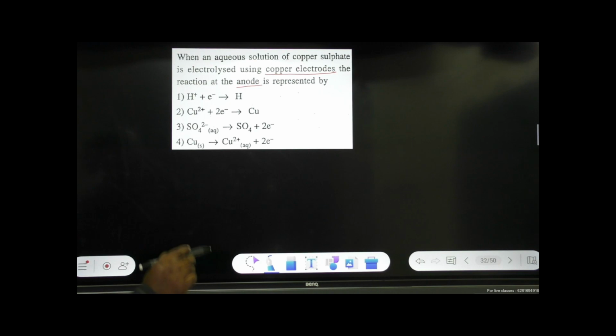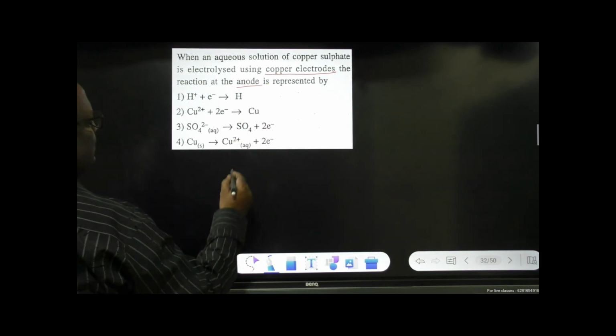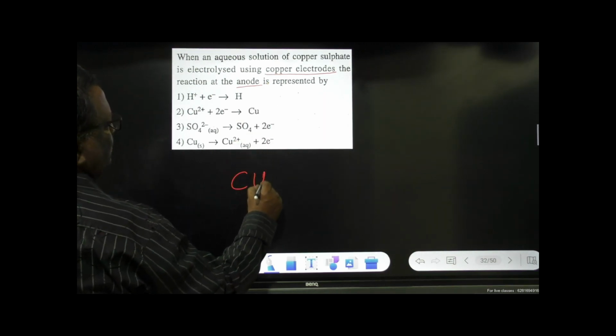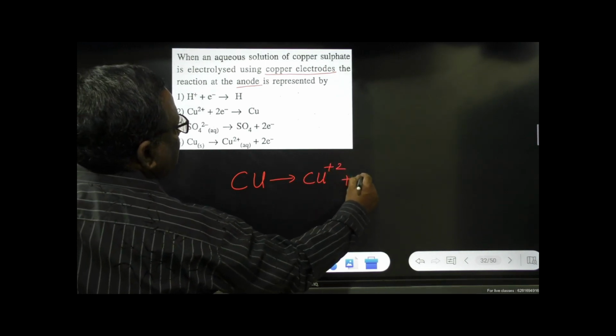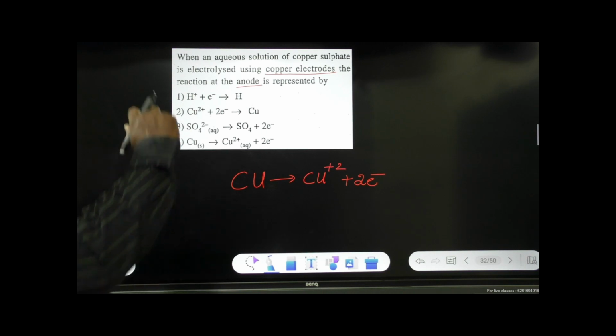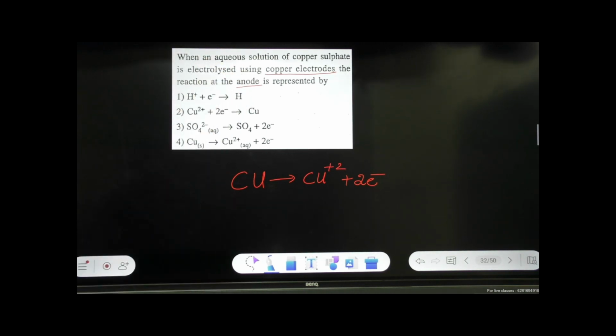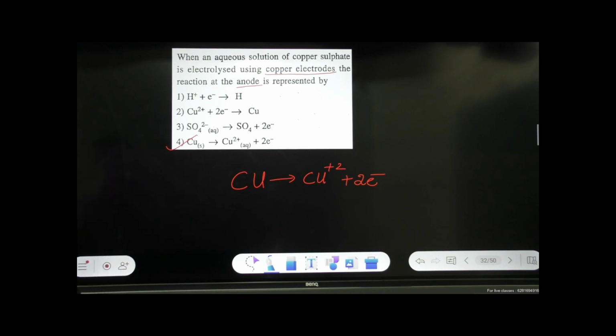When active electrodes are used at the anode, instead of anions, the metal itself is oxidized and goes into the solution as Cu plus 2 plus 2e minus. This reaction occurs only when active electrodes are involved. When inert electrodes are involved, anions of the electrolyte will discharge at the anode. So the fourth option is correct.